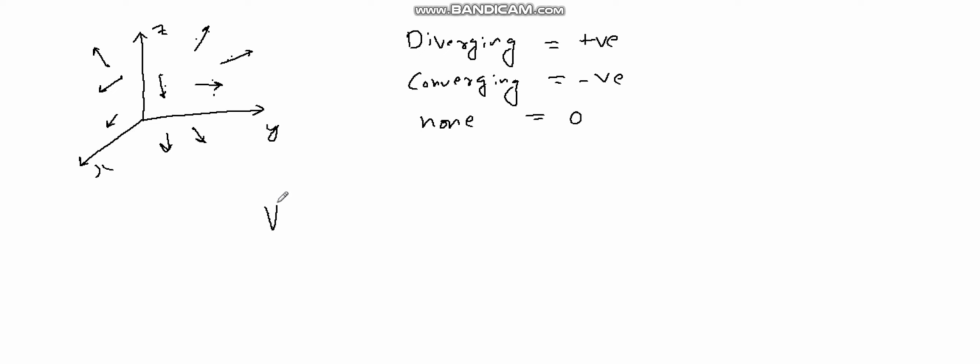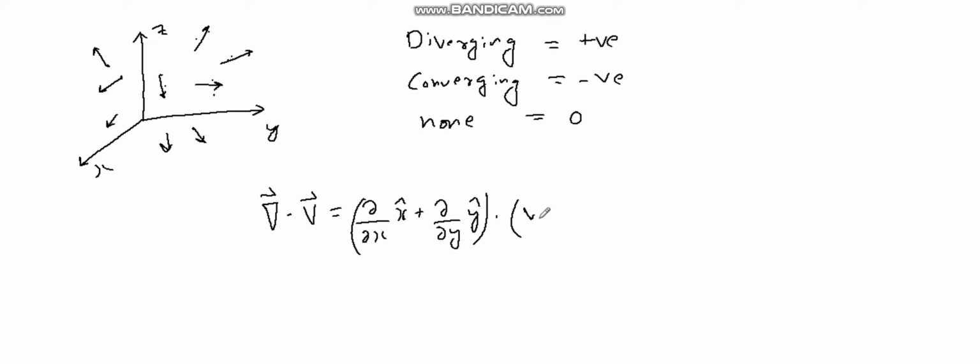So divergence is defined by the dot product of the del operator with the vector field V, and if we want to calculate it, we write the divergence. We are only taking the x and y coordinates, although we can always take the z coordinate as well, but here we are just taking x and y. Okay. V is Vx of x, Vy of y.